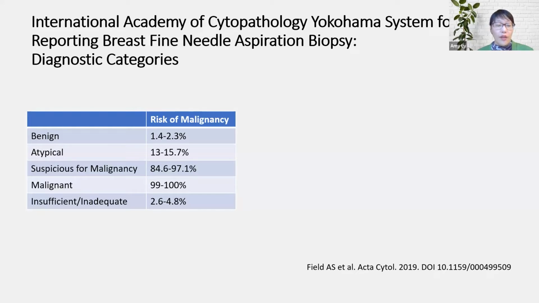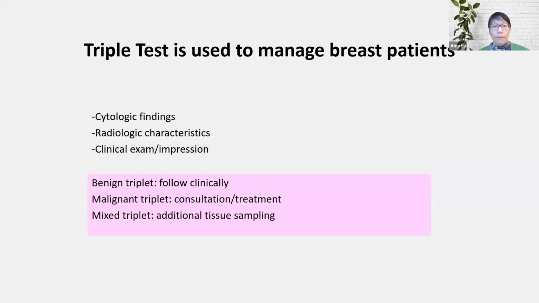So this breast FNA diagnostic category is a part of what drives clinical management, and it is one part of the triple test. The triple test is a combination of the cytologic findings, the radiologic characteristics, and the clinical impression of a patient's breast lesion. So if you have a benign triplet, the patient can be followed clinically.